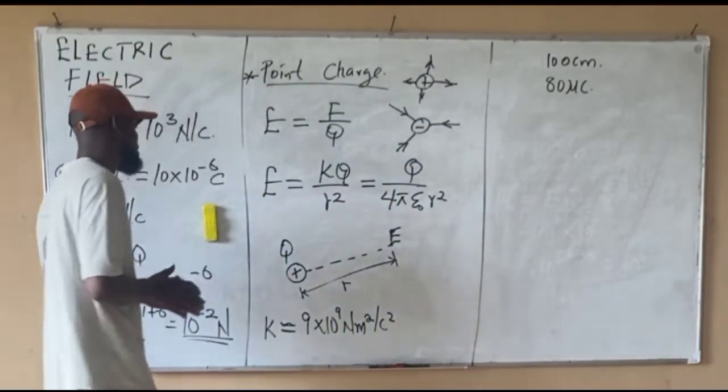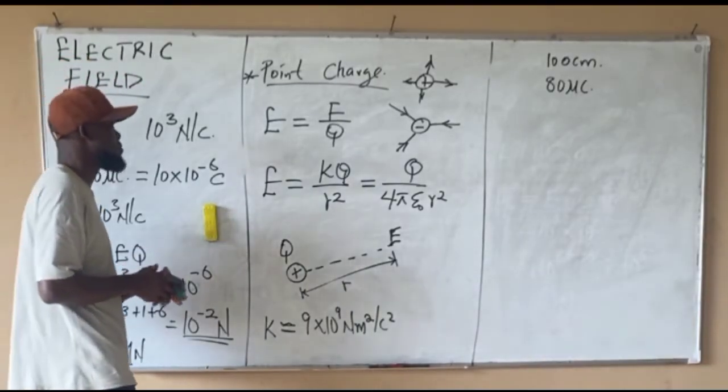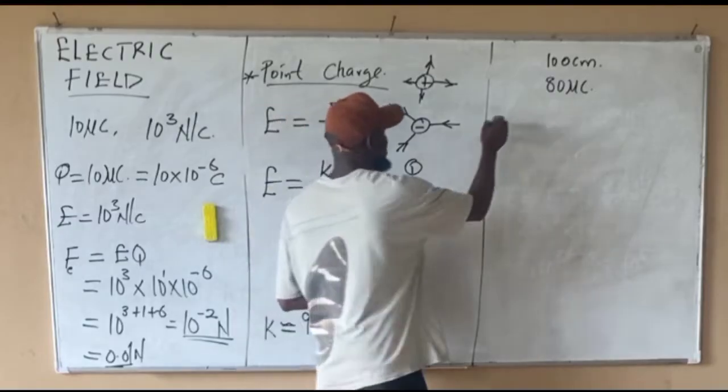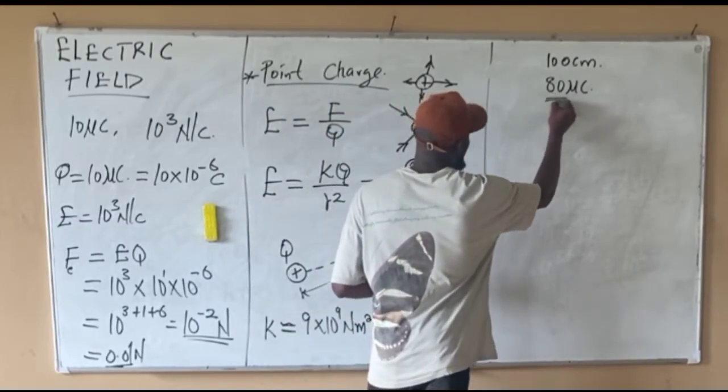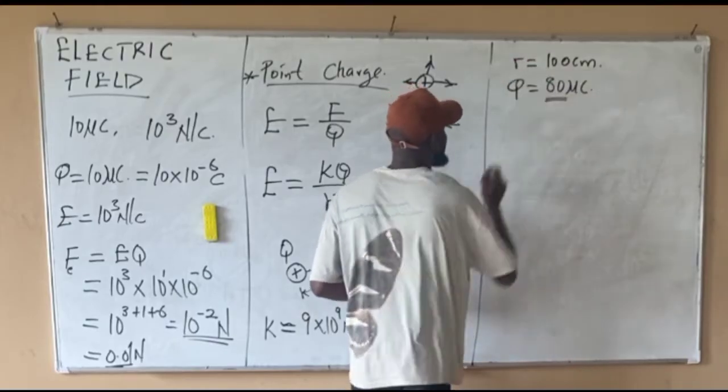Calculate the electric field strength at a distance of 100 cm from a charge of 80 microcoulomb. So we said, how many charges do you have? You have only one charge, and this is the distance.